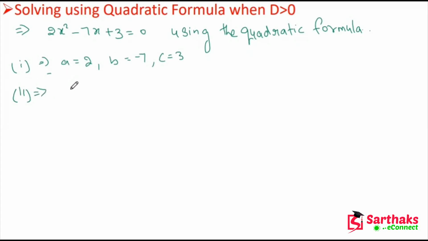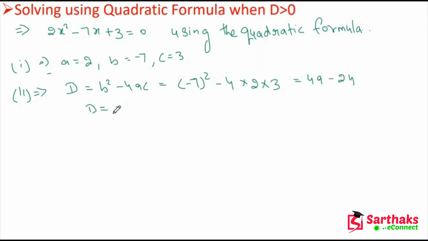Now calculate the discriminant. d is b square minus 4ac, which is minus 7 square minus 4 into 2 into 3. Solving, we get 49 minus 24, so d is equal to 25.